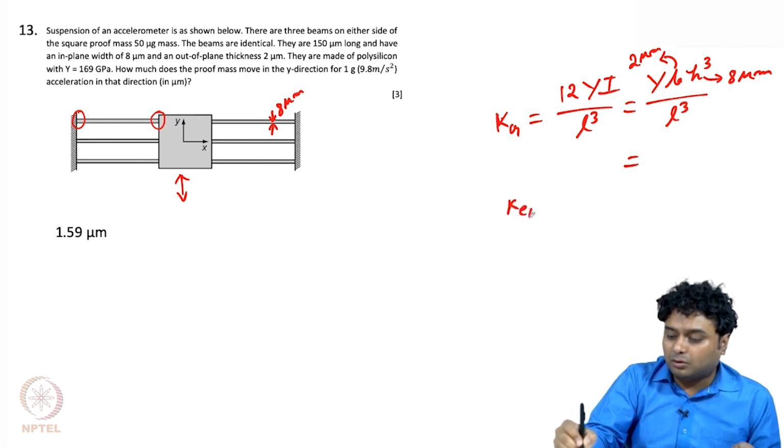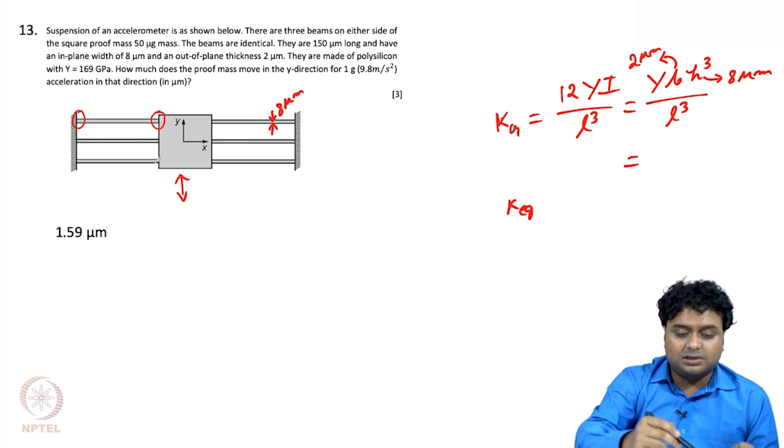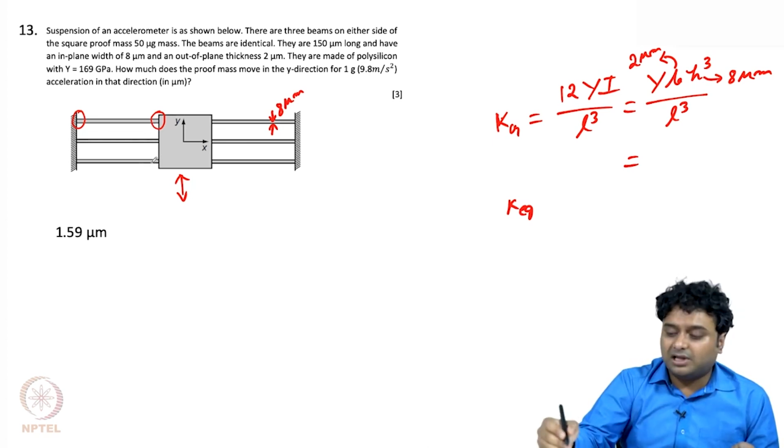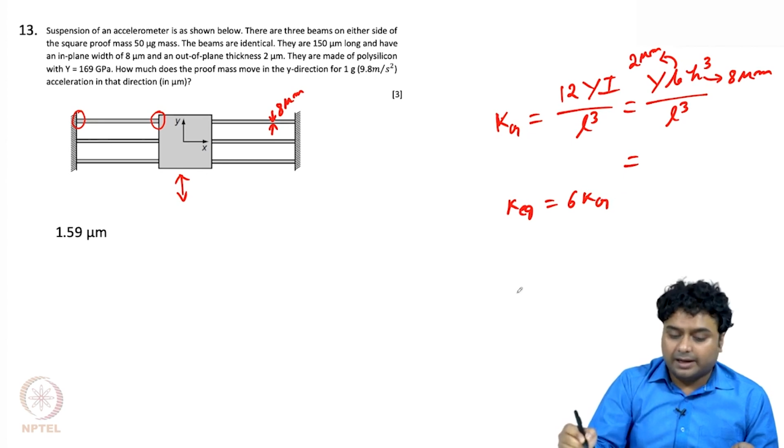So how much will it be? See, all these beams are connected in parallel, right, because all of them have the same deflection. So k equivalent is equal to 6 kg, and we need to calculate ultimately the deflection in y direction.